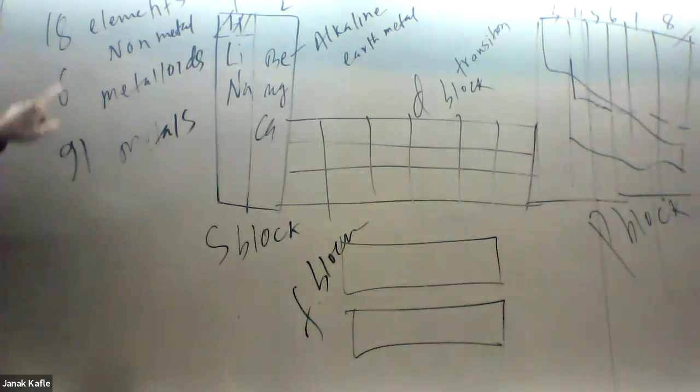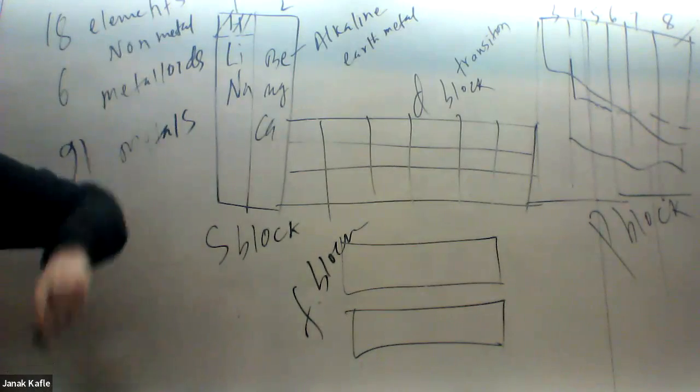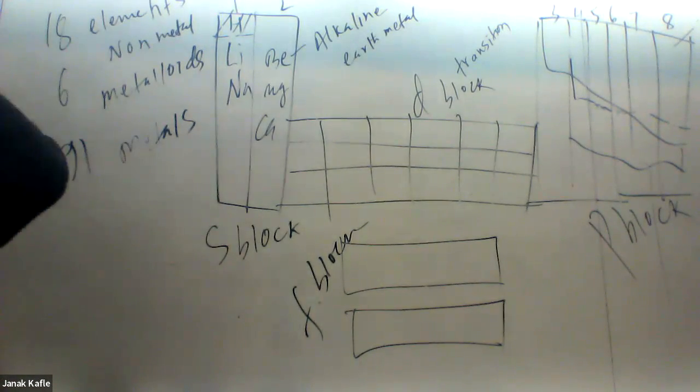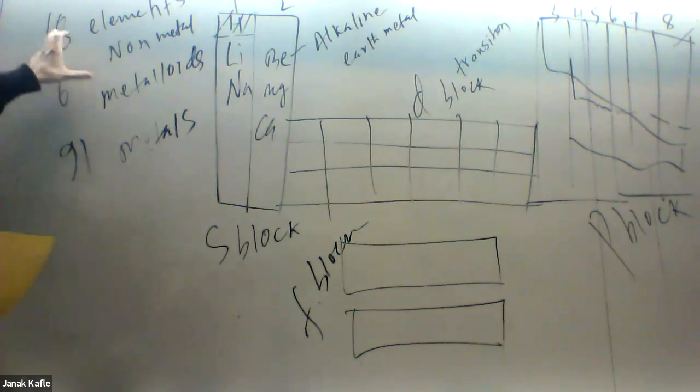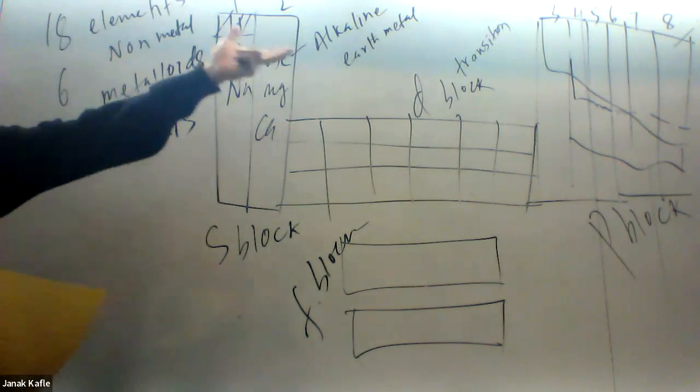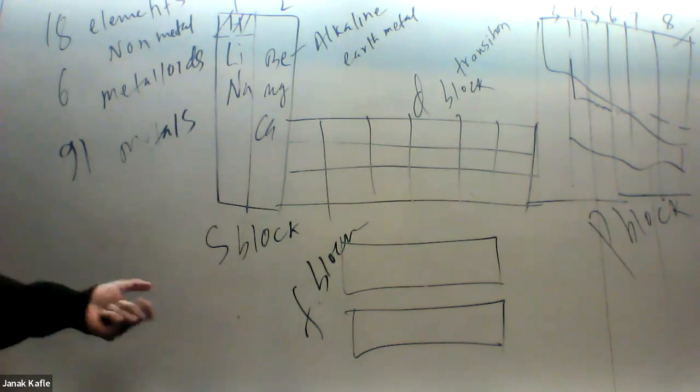So only about 18 elements are non-metal, and they make most of the material that we see around, right? Like silicon, silica, the river, lakes, snow, ocean, whatever, all are non-metals. Make sense? So there are few non-metals, and they make most of the material of the universe.